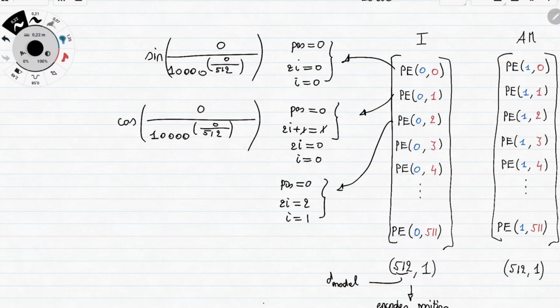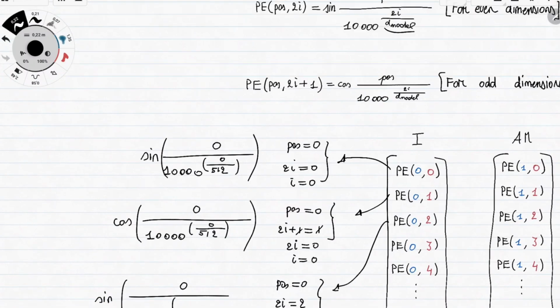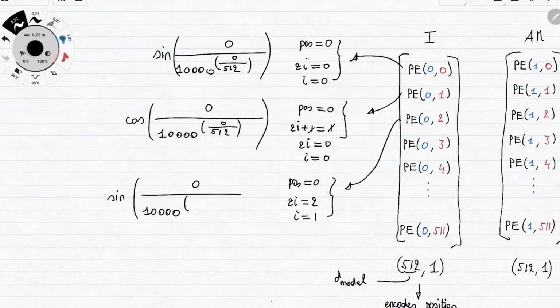So we have an even dimension, so we take the sine function of 0 divided by 10,000 to the power of, and then we have i equal to 1, but in the equation we have 2i, so it's 2 times 1, which is 2.